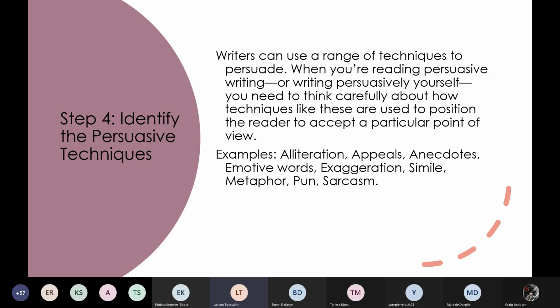We have examples of persuasive techniques: alliteration, appeals, anecdotes, emotive words, exaggeration, simile, metaphor, pun, sarcasm. Now, anybody can add to that list and give me what else should be there but isn't there at this point that you have been taught.